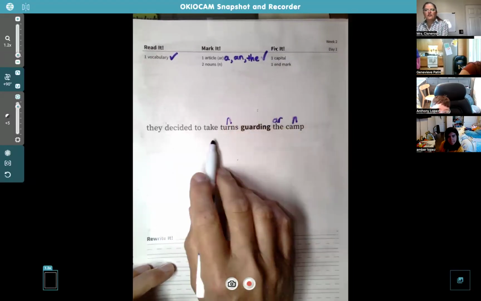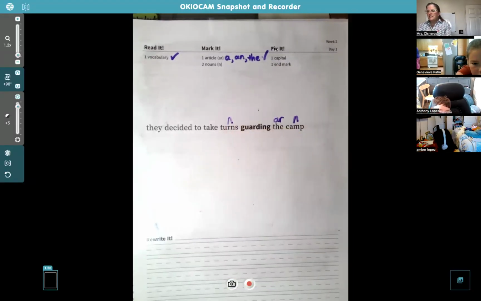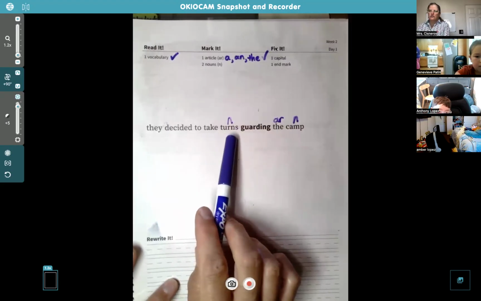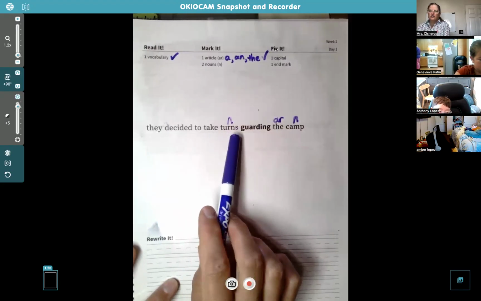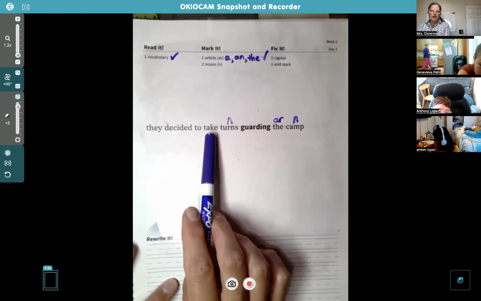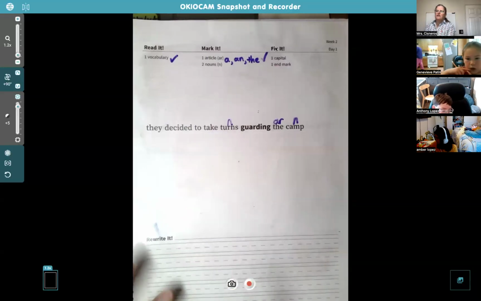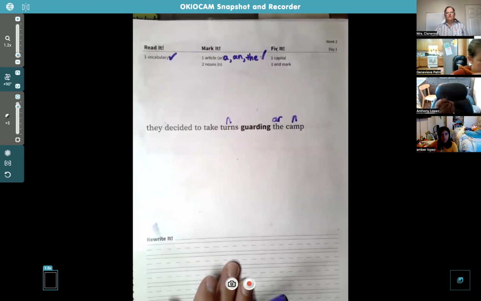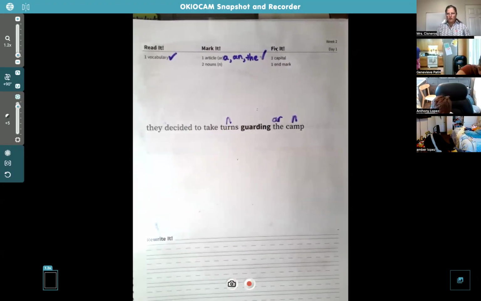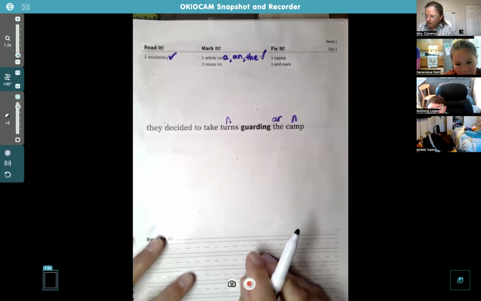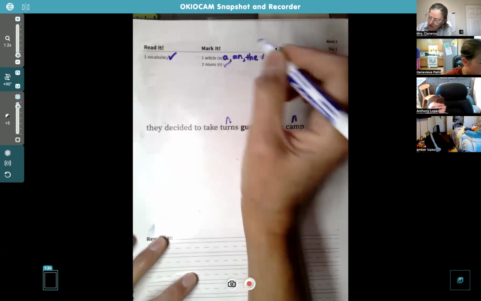And the reason why it's turns is because it says take turns. Take is going to be the verb here, and turns is the noun. That's a tricky one because turns can sometimes be a verb too. Like if your dog turns around, it's doing something, right? All right, check the nouns.